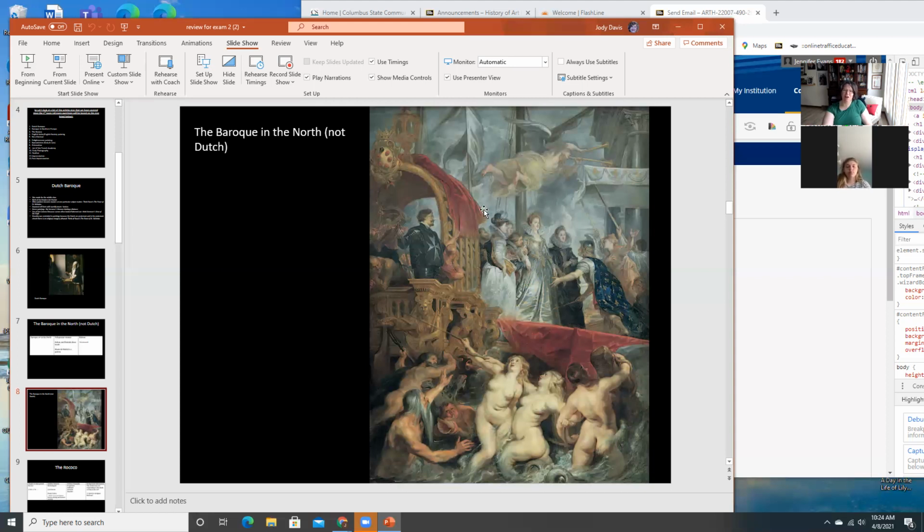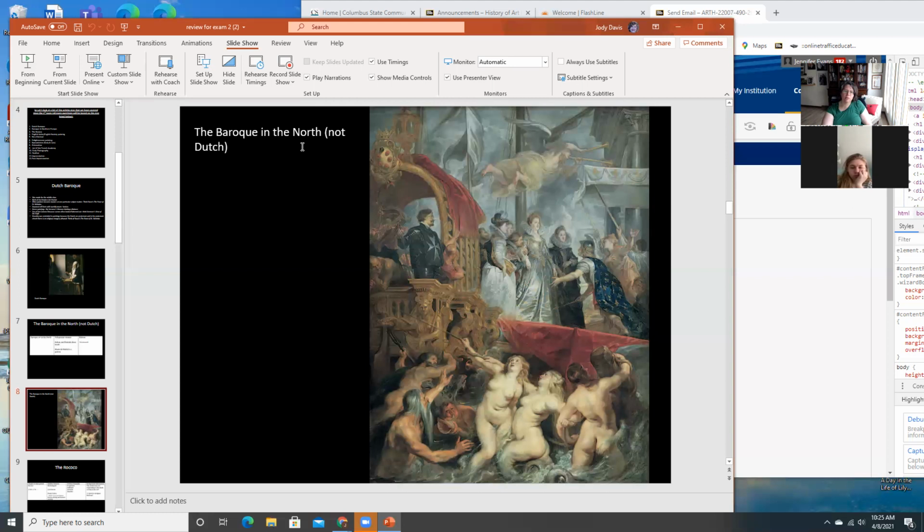It has this soft, gentle feel in the background as she is coming into the city. And then the sea has this sense of, you can see that it had been raging. It's calmed for the arrival of Marie de Medici.